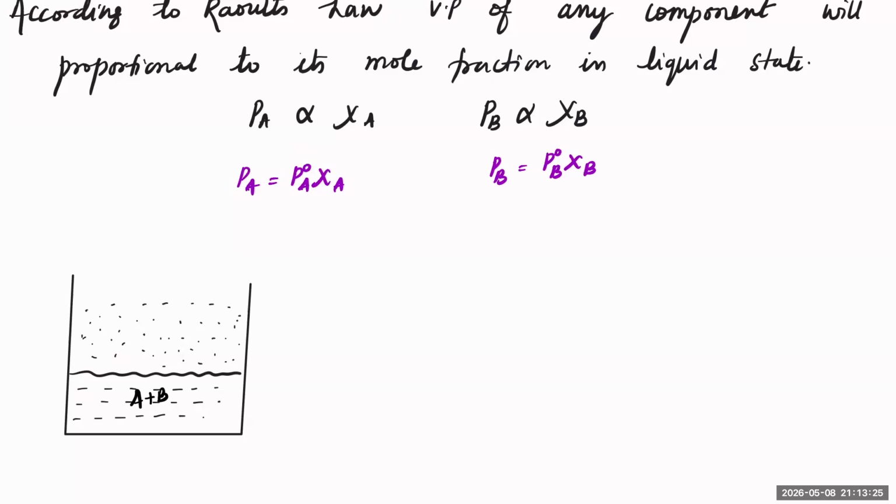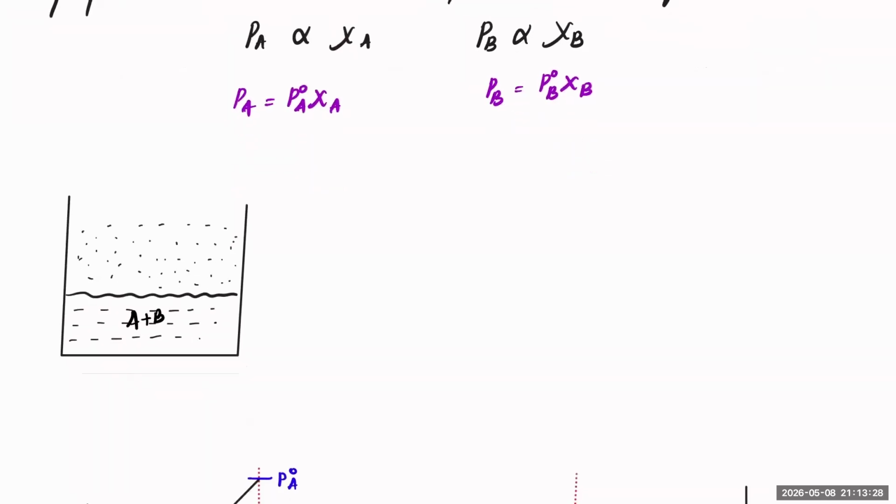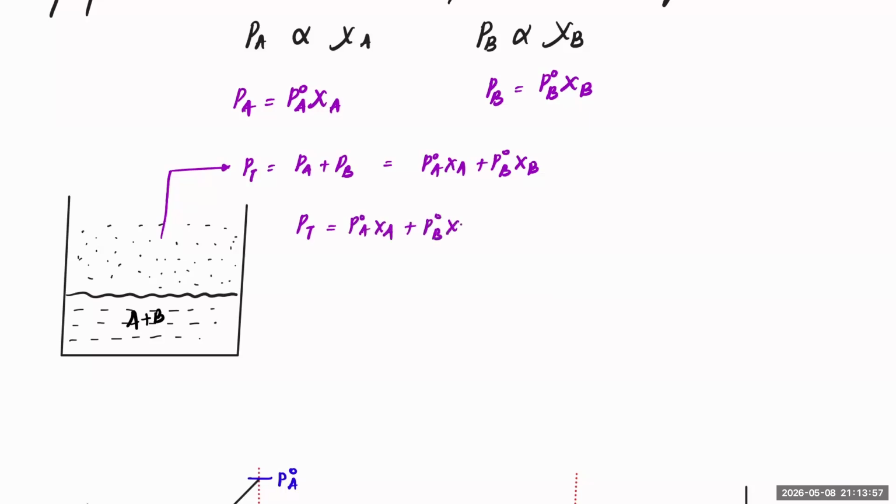Okay. So now, since this is the case, we can say the total pressure, P total, will be equal to PA plus PB as per Dalton's law. And PA we learned as P naught A XA, and PB we learned as P naught B XB. So this will be the total pressure. The total pressure formula will be equal to P naught A XA plus P naught B XB. And we can also write this as P naught A XA plus P naught B into 1 minus XA.